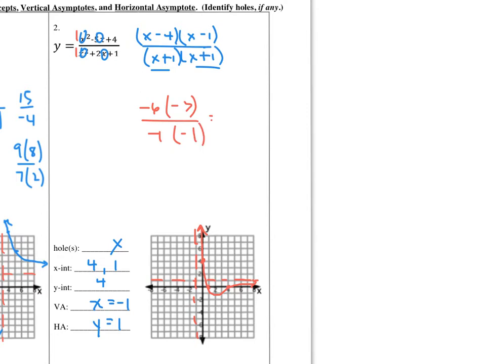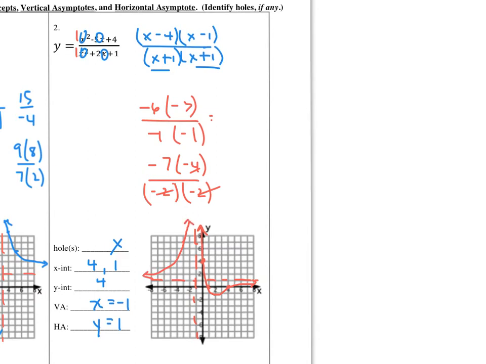And if I do one more time with a negative 3, negative 3 would give me negative 7 times a negative 4 all over a negative 2 times a negative 2, giving me positive 7. So it looks like the first point of the graph is going to occur here, so my graph is coming down awfully wide, and then eventually coming down to the horizontal asymptote.